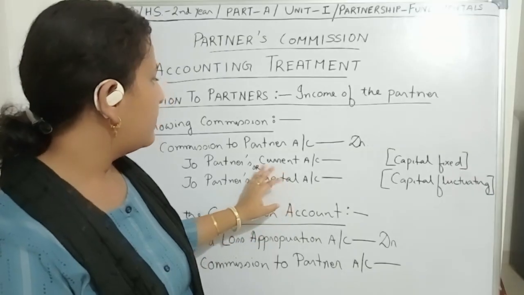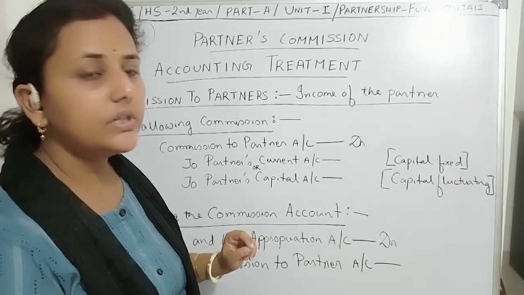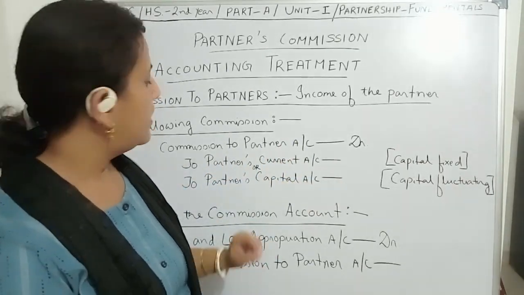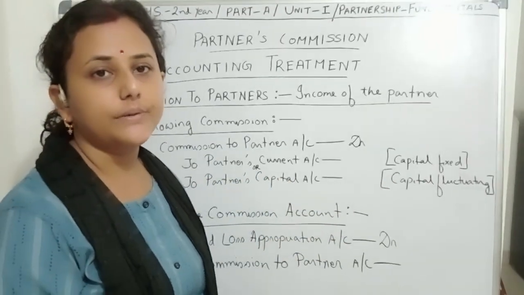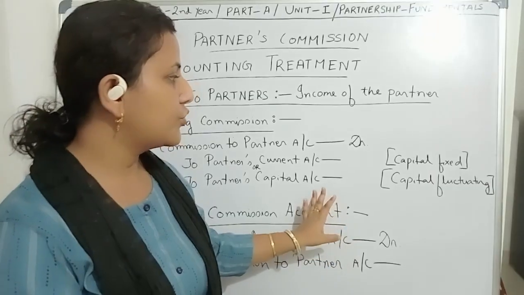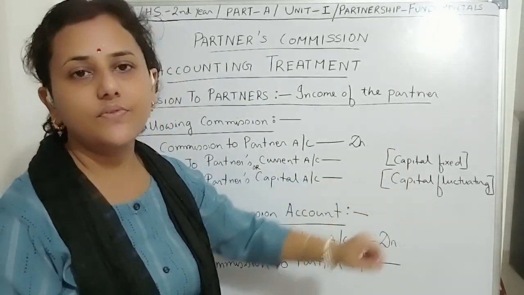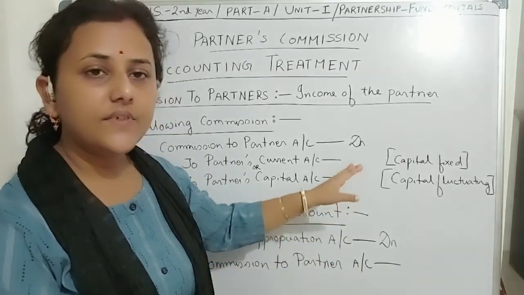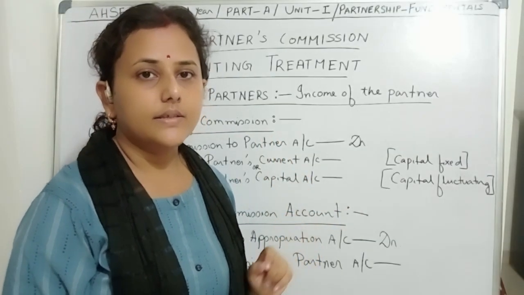Okay, very simple. It is just commission to partners account debited, to partners current account if capital is fixed, to partners capital account if capital is fluctuating. Only that portion. And you know what is capital fixed, capital fluctuating, that I have explained to you in my earlier classes.